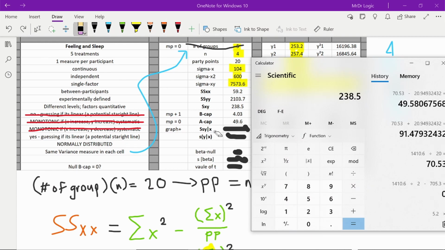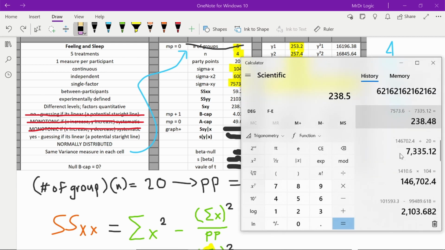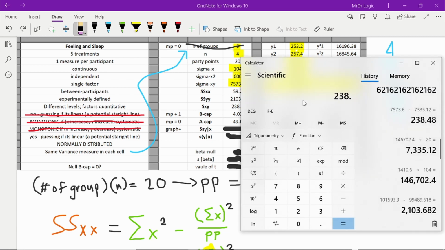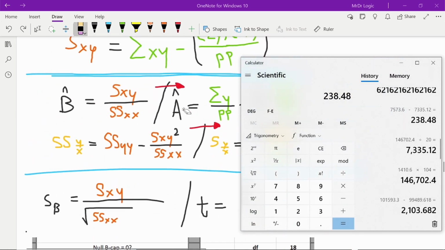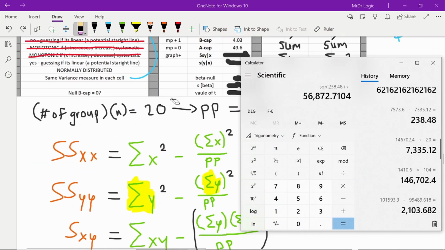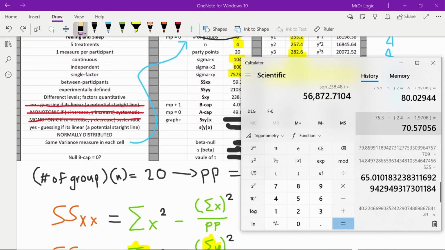0.5. Alright. Was the number really that simple? Oh no, it wasn't. 48 squared divided by. Was the SSX really simple as well? It was like 59 point something.